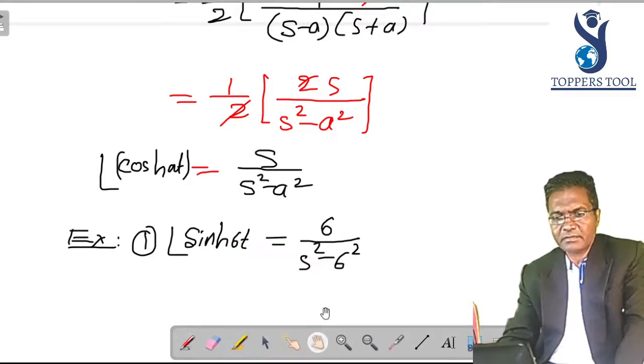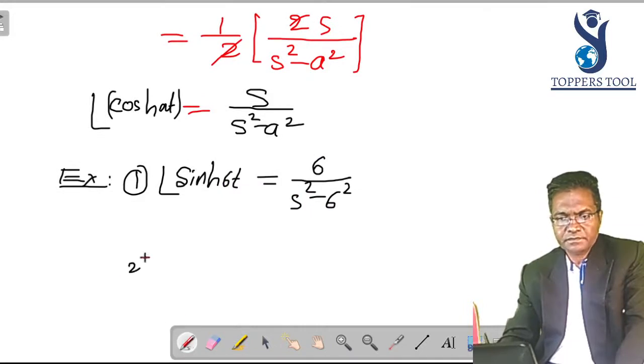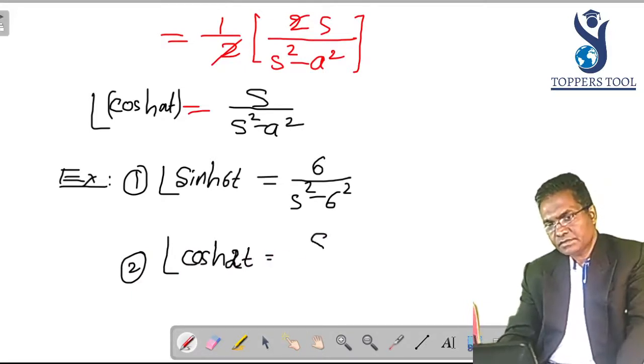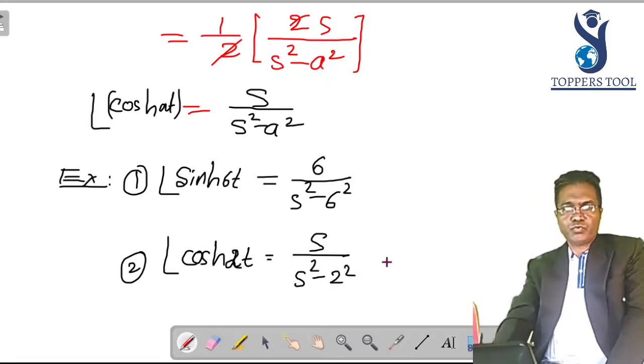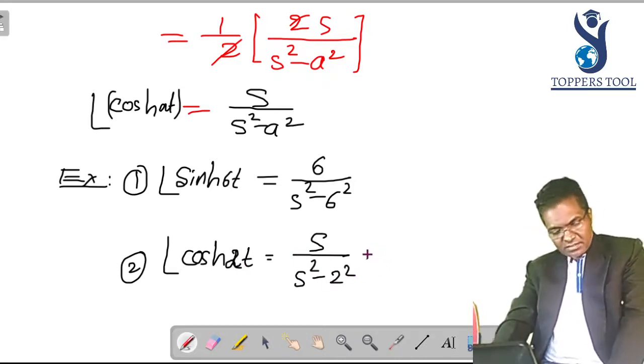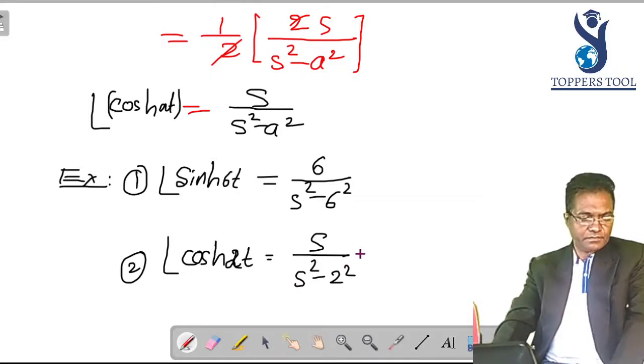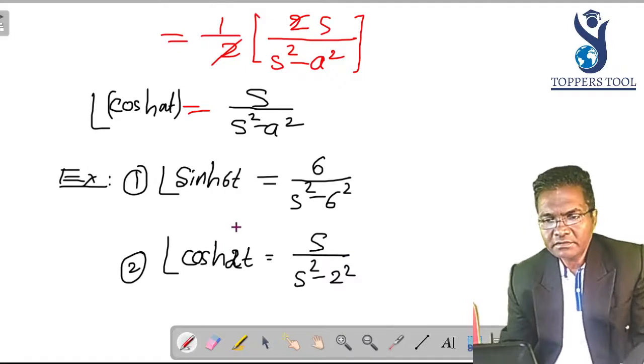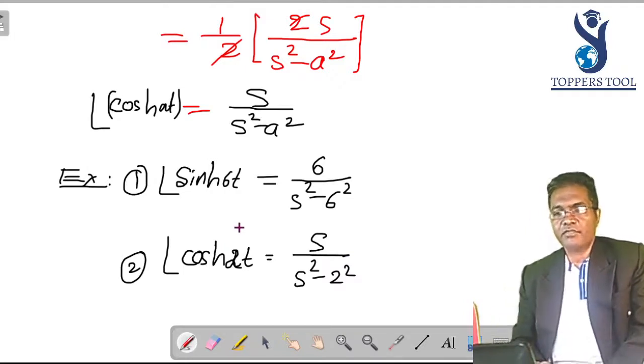Okay, a by s square minus a square. L of cos hyperbolic 2t is s by s square minus 2 square. So this is how you can find the Laplace transform of some common functions.